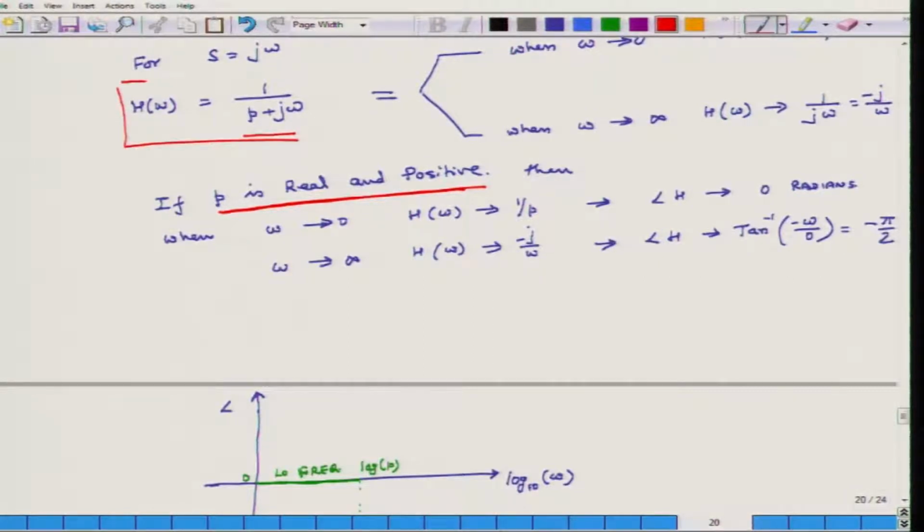And if you have to plot the actual phase, then you have to plot the phase of this function, not the asymptotic function. So, in this case the plot will be tan inverse of omega divided by p, negative of that, because there is a j in the denominator.